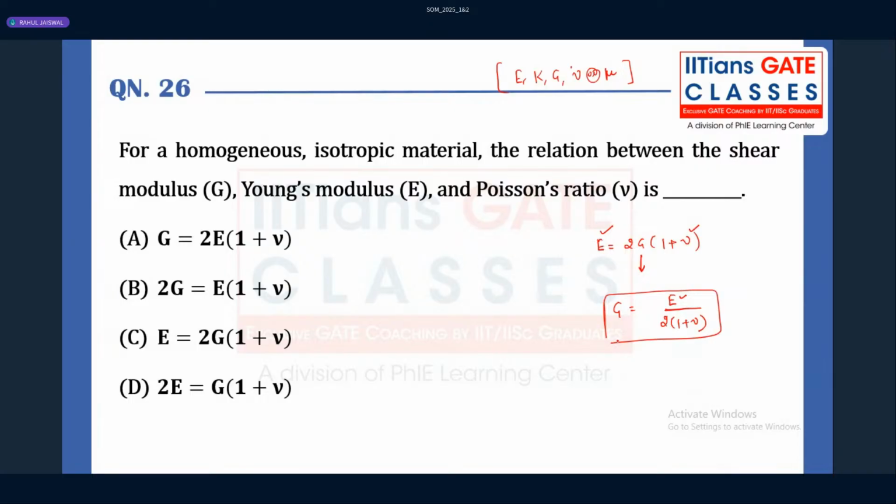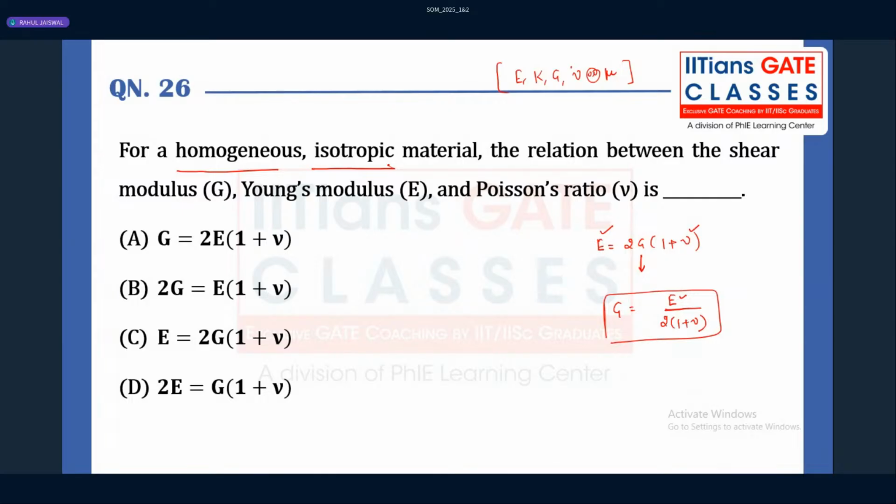Out of the 4 elastic constants mentioned for a homogeneous and isotropic material, this is an ideal material, and that is one of the basic assumptions we consider before starting our subjects. For this material, we have 4 elastic constants in total, out of which 2 are independent, either E or Poisson ratio, or any 2 from these 4.